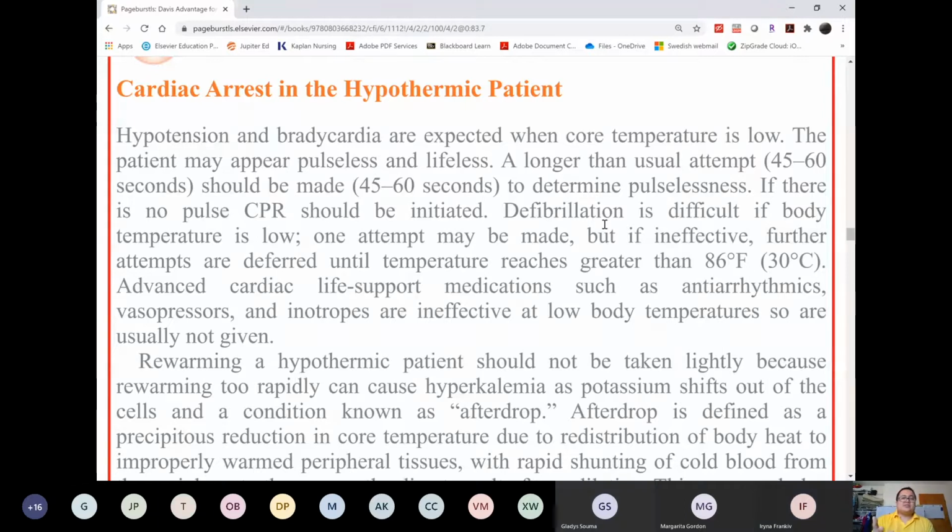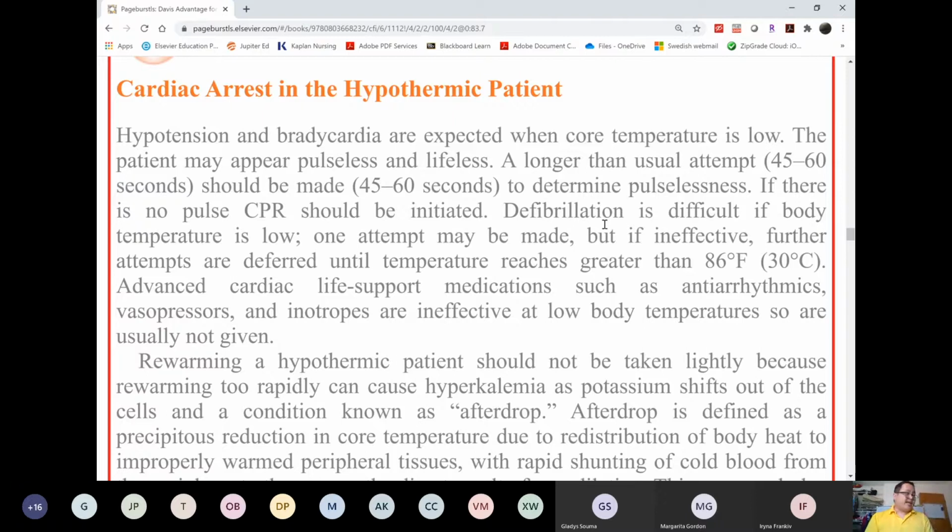Anyway, what this safety alert is saying is the patient who is hypothermic, especially if we're dealing with frostbite and all that, with severe hypothermia, the CPR time will be extended because, for one thing, we may not have been circulating the blood very well if the patient's temperature is so low.